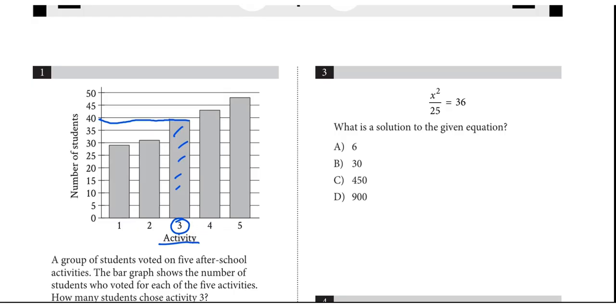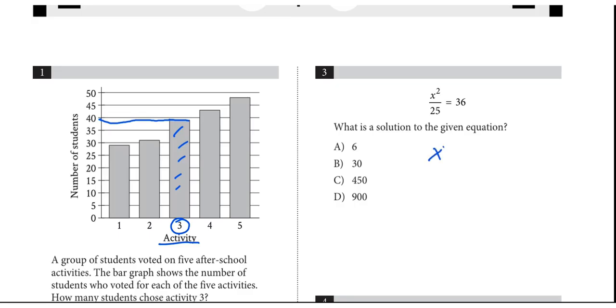Question 3 says, what is the solution to the given equation? So we have x squared over 25 is equal to 36. Since these numbers are perfect squares, we can just take the square root of both sides.